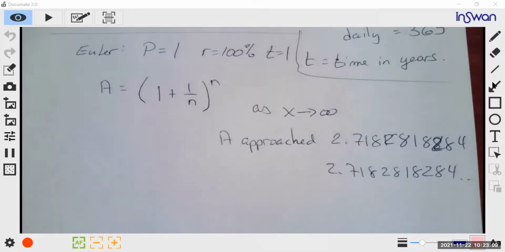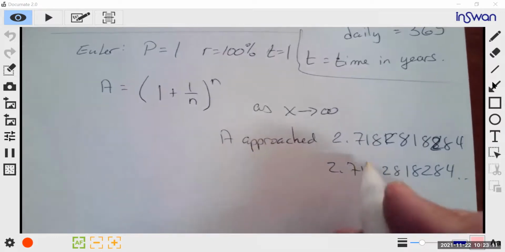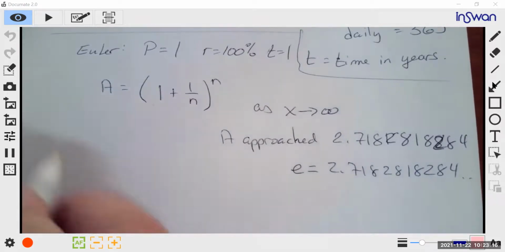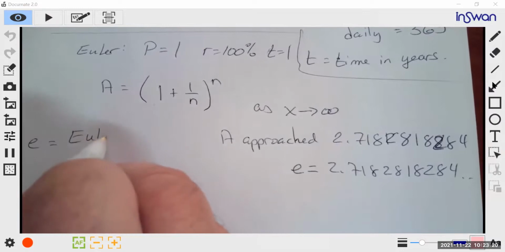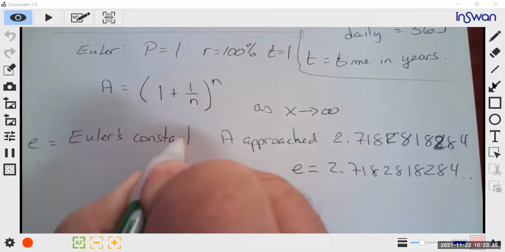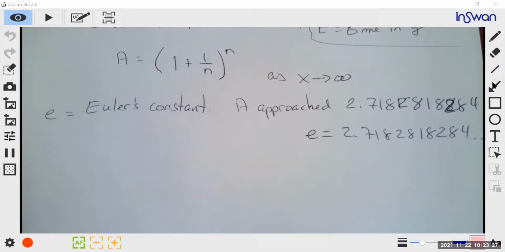It's not repeating. That number is what we call e. And that's what we call Euler's constant.